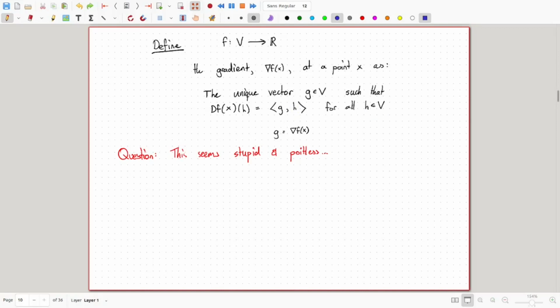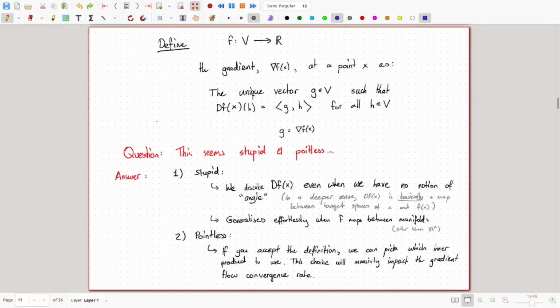Then we call that vector g nabla(f) of x. It's the gradient. Okay, this seems a bit mystical. So I just have a few points of why this is a better definition. First of all, we can describe the derivative even when we have no notion of angle.